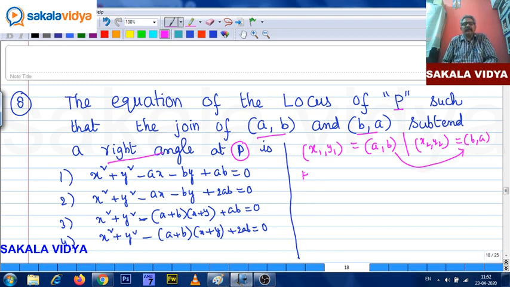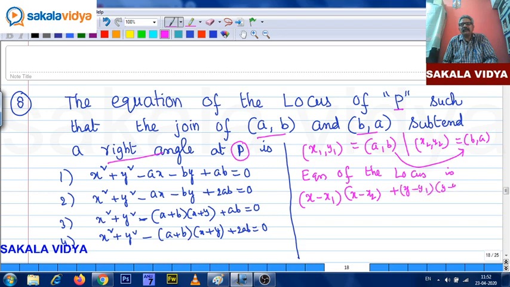Then the equation of the locus, as we already discussed, is (x minus x1) into (x minus x2) plus (y minus y1) into (y minus y2) is equal to 0.